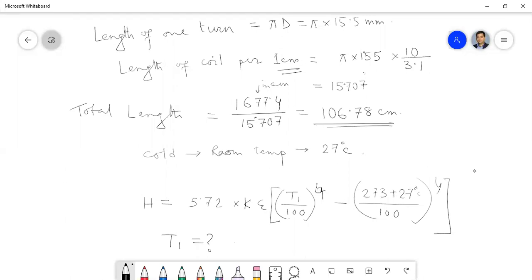From that you have to find T1 in degree centigrade. Just try to calculate it.